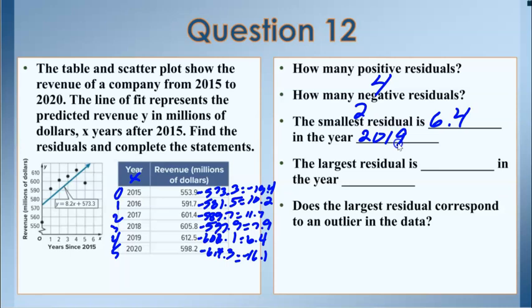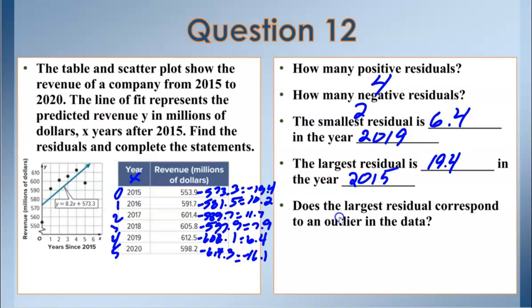And the largest residual, the one that's furthest away from 0, is negative 19.4. Since it says distance, we're not going to use the negative, we're just going to keep it as positive. And that happened in the year 2015.